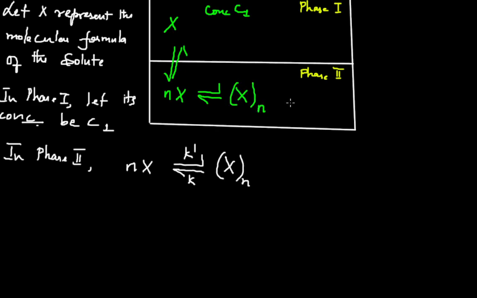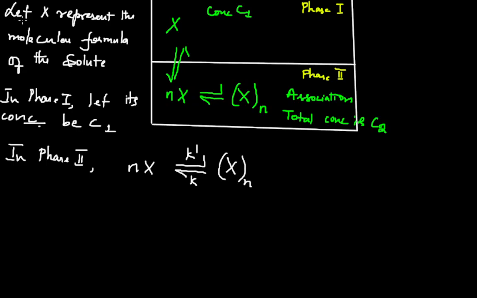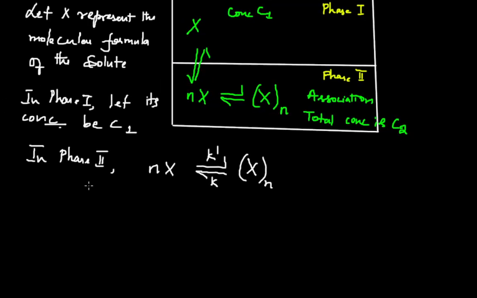So association is taking place in one of the phases, that is phase 2, and the total concentration here is C2. In the first phase it is C1 and in the second phase it is C2.